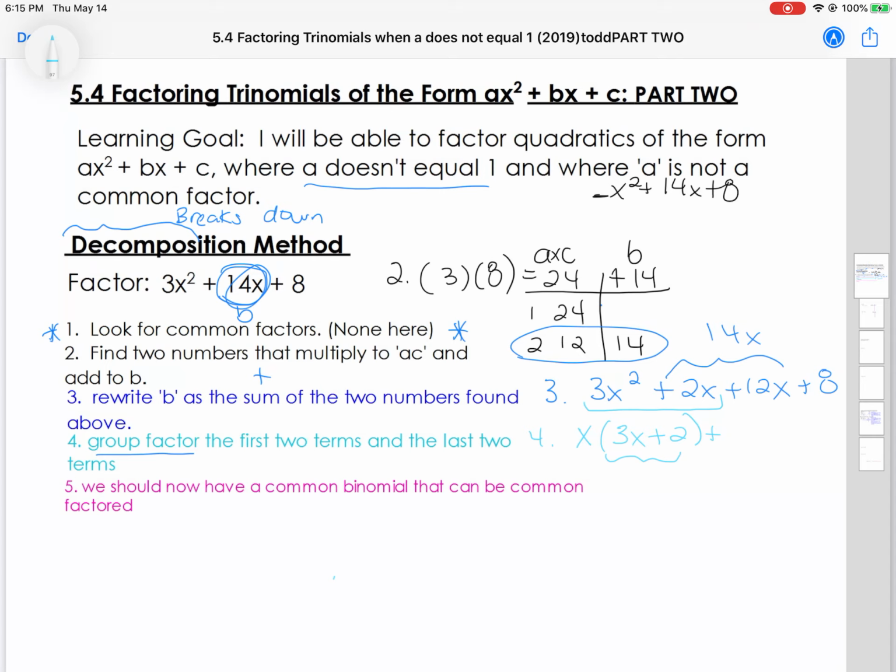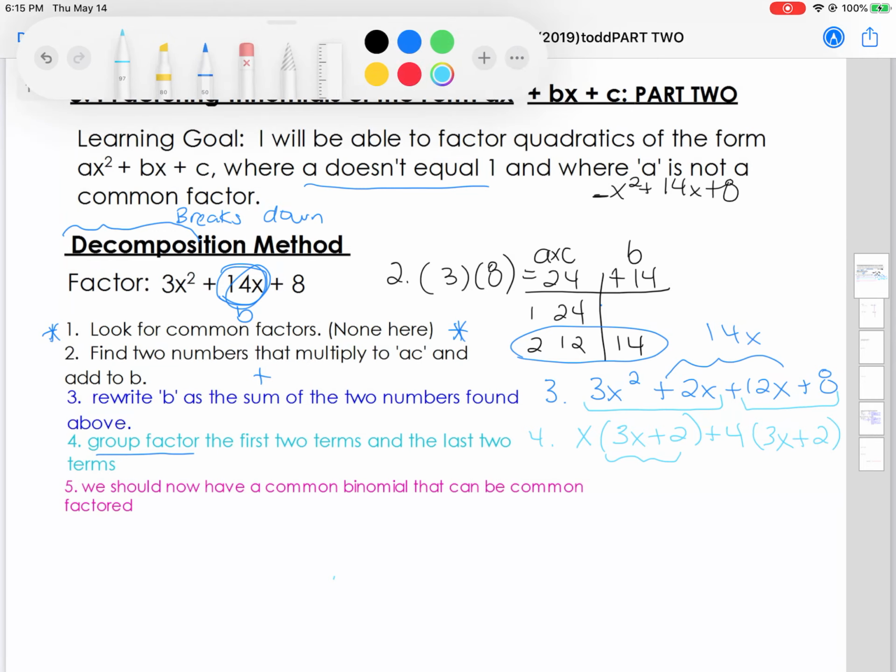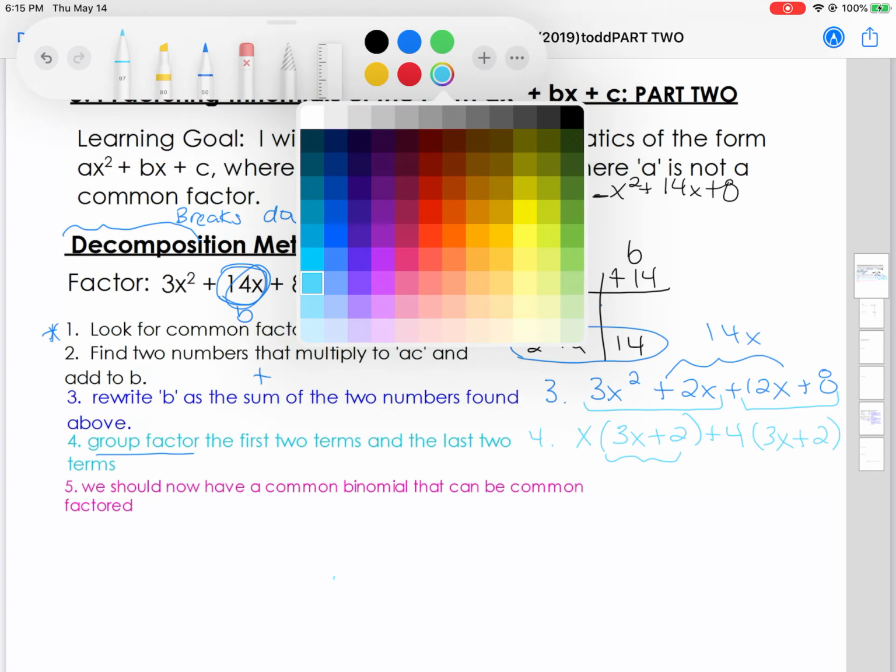So I'm going to choose something to divide in these terms, which happens to be 4. And 12x divided by 4 is 3x. Excellent. And 8 divided by 4 is 2. Okay, so now we have the common factor we need.